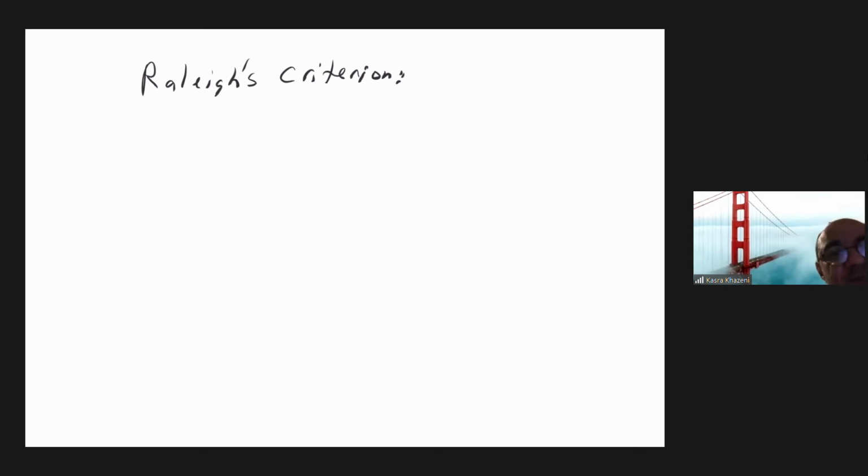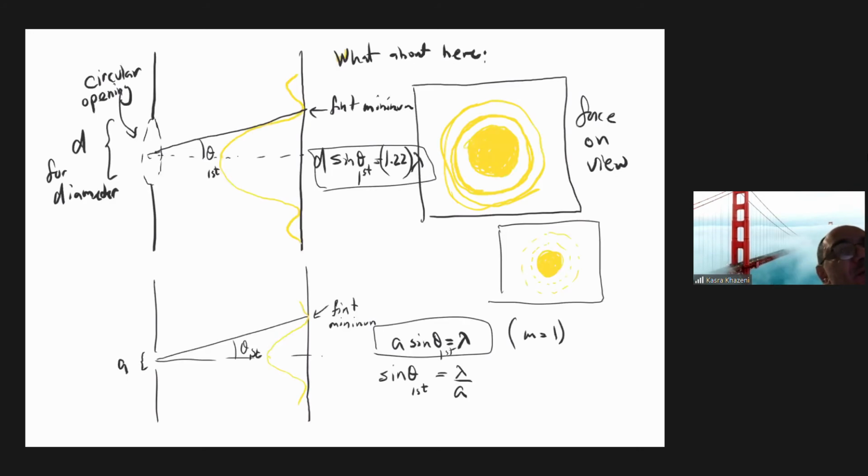Now, if you go back to what I was talking about here, you can see that the first minima happens for a circular opening at this equation d sine theta equals 1.22 lambda. So the criteria to distinguish it is that the two peaks should be at least that much off of each other in angular positioning.